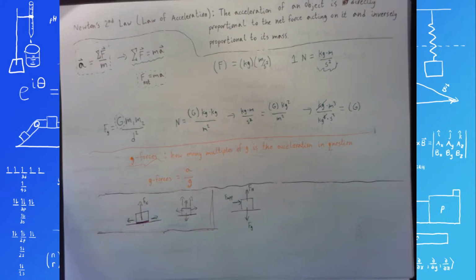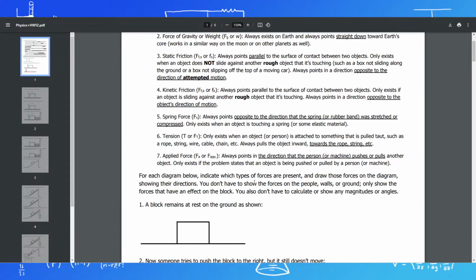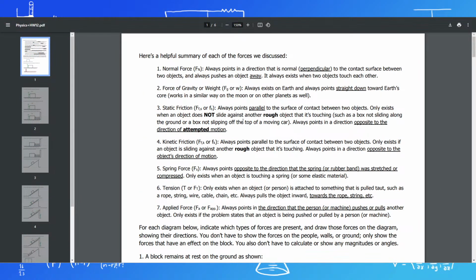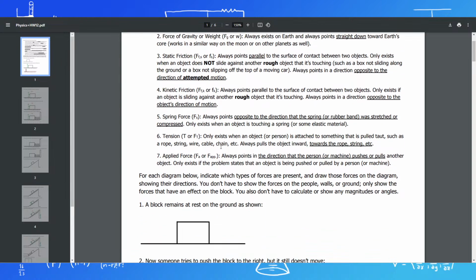Well, if we scroll back up to the quick definitions that I gave, static friction only exists when an object does not slide against another rough object that it's touching, such as a box not sliding along the ground. So yes, we are talking about static friction here. Kinetic friction would require some sort of actual movement to be happening.